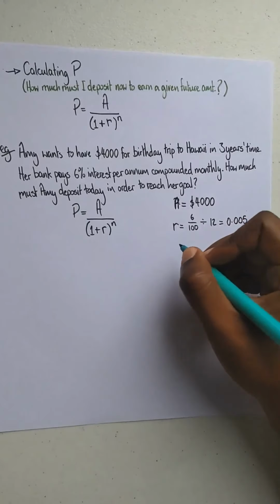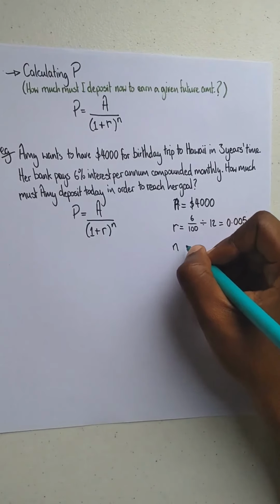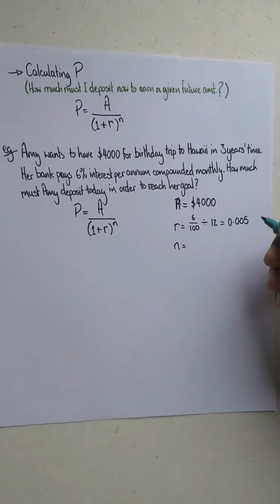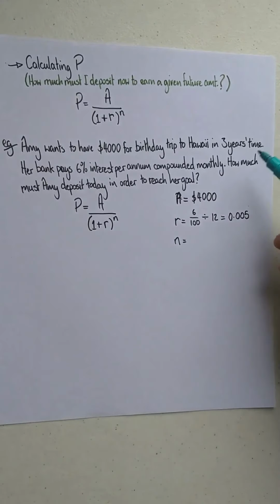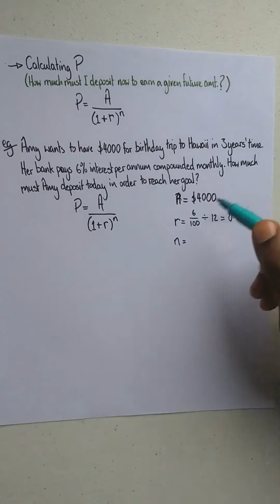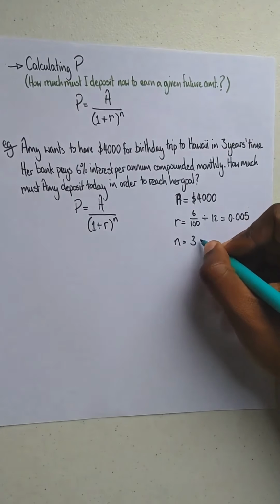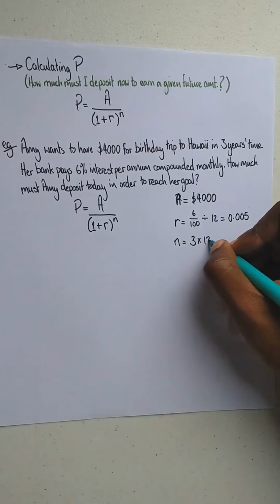And then N, 3 years is the length of time for the transaction, but N is the number of periods. The periods are months, and there are 12 months in each year, so that's 36 periods in all.